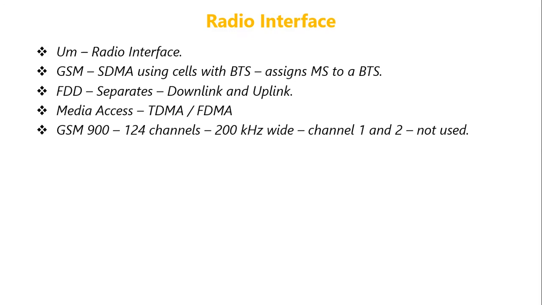Out of the 124 channels, 2 channels are not used for technical reasons. These are channel 1 and channel 124. The first channel and the last channel were not used.